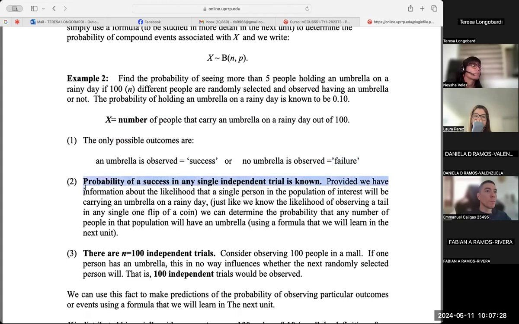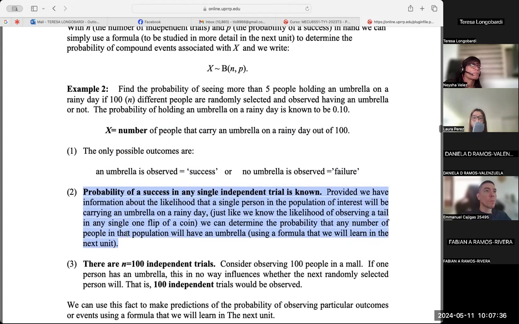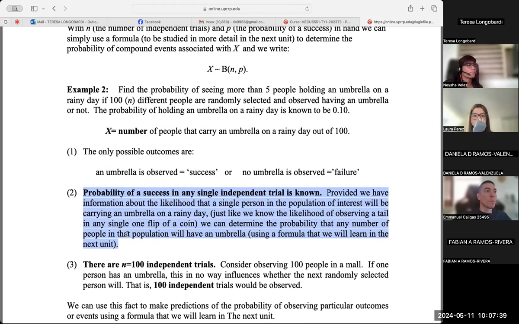We know the probability of success because some agency took the time to determine the probability of seeing an umbrella. Why do we care about this? Maybe we're deciding where we operate a mall, and we want to be sure there's safety in entering the mall, like Plaza. And we have to have certain things in place if it's rainy at the entrance to catch the rain.